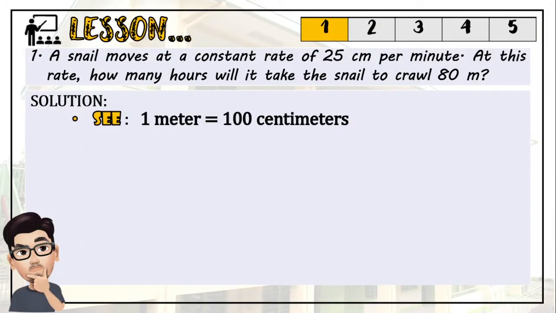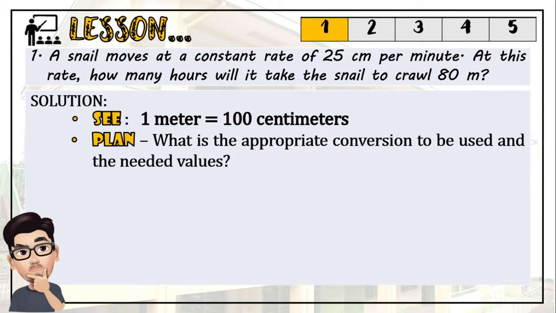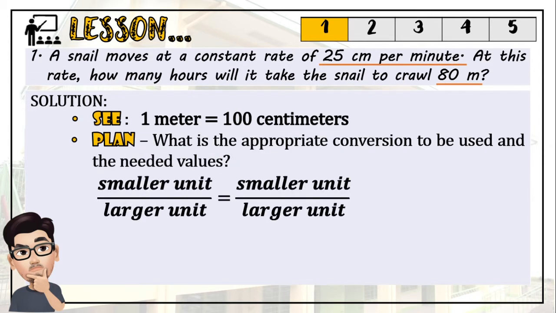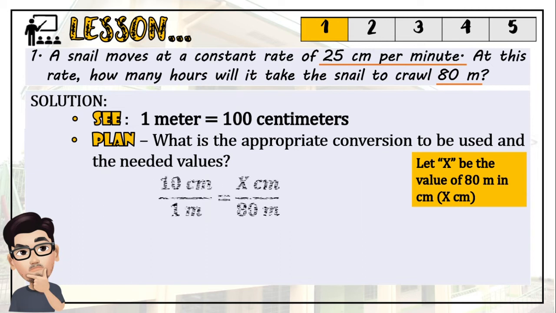So we are going to add that in our plan. Okay? So we have seen that we are going to deal with the conversion of meters to centimeters, and then we let x be the value of 80 meters in centimeters.